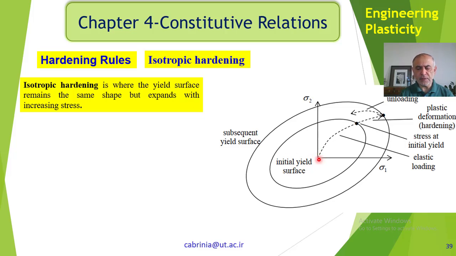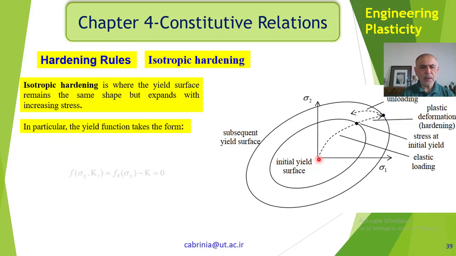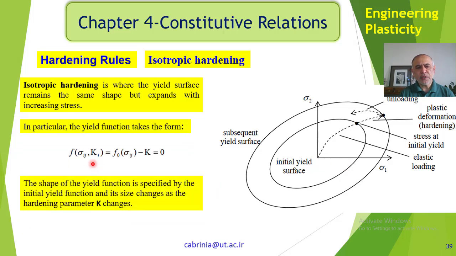As you can see here, the yield function takes the shape F0(sigma_ij) minus k. The shape of the yield function is specified by the initial function, and its size changes as the hardening parameter k changes.